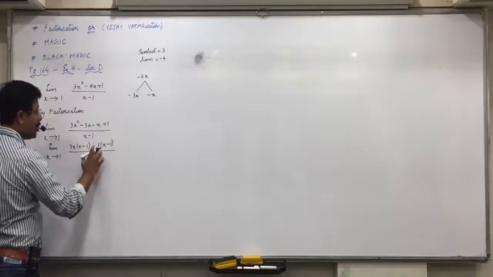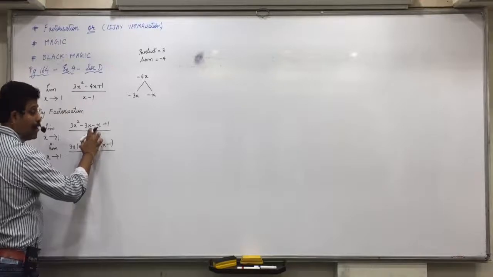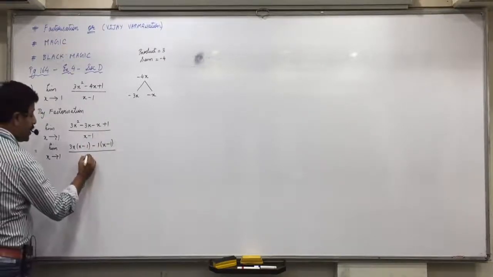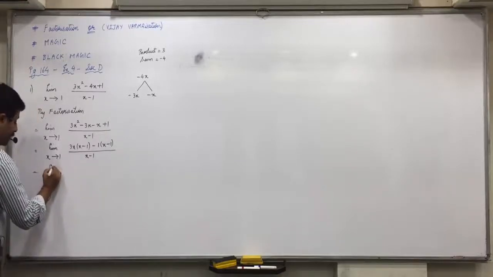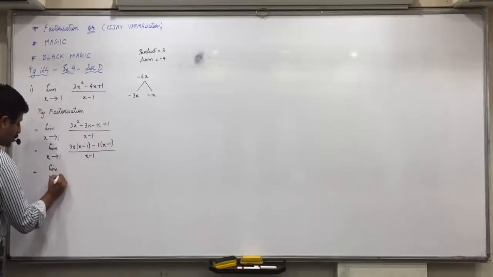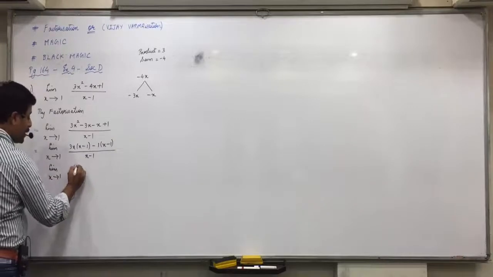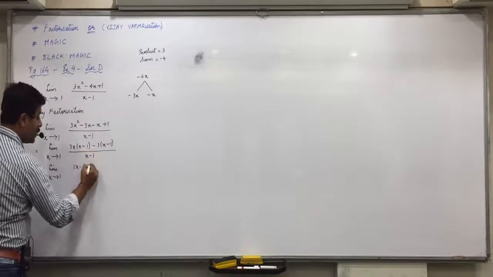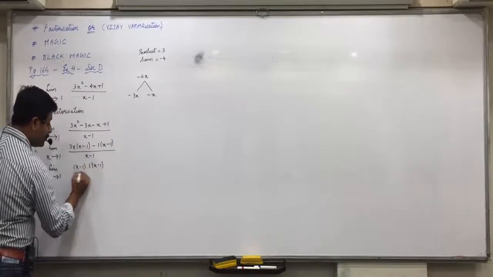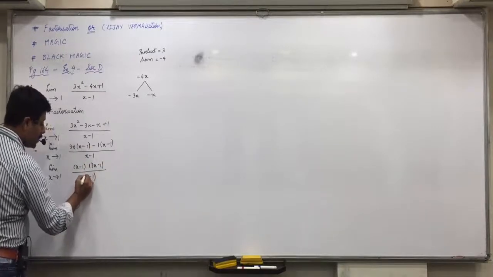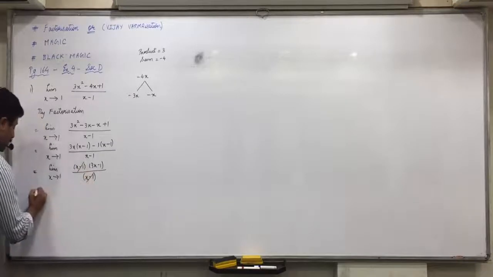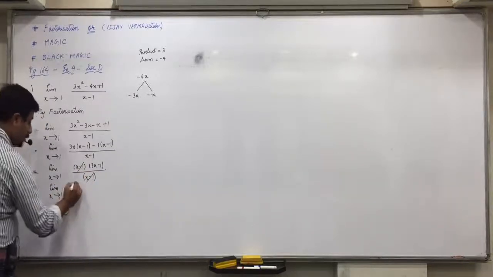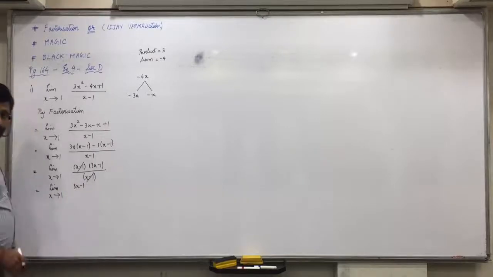Here minus 1 is common, so minus 1 into x, minus x, minus 1 into minus 1, plus 1. And divided by x minus 1. Limit x tends to 1, the two factors are x minus 1 and 3x minus 1, upon x minus 1. X minus 1 gets cancelled. So limit x tends to 1, simply 3x minus 1.